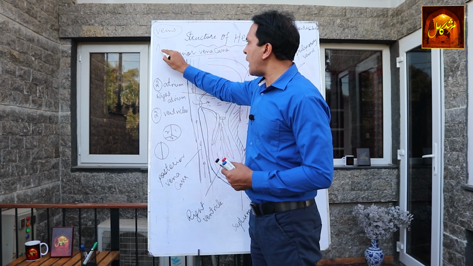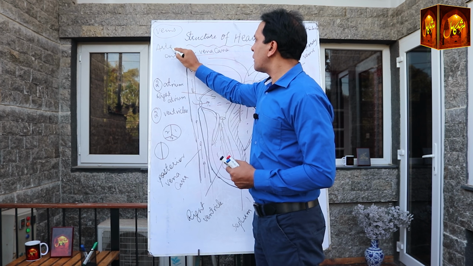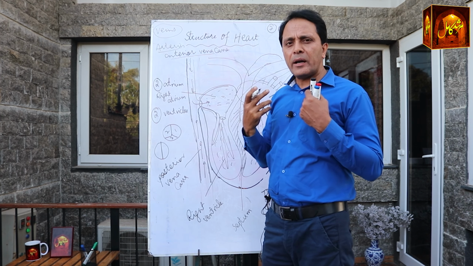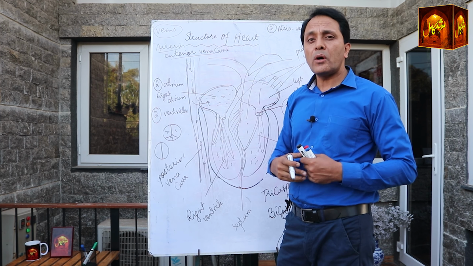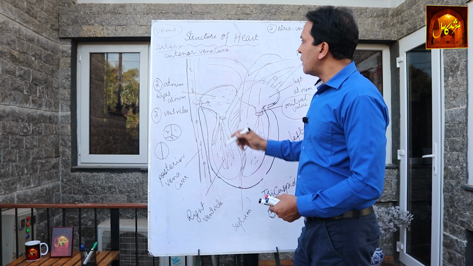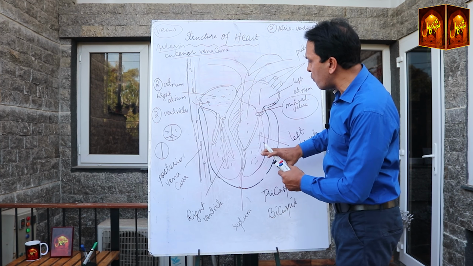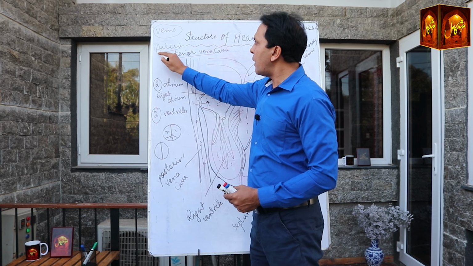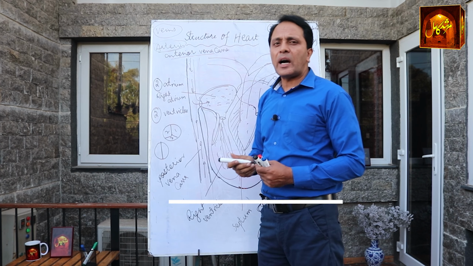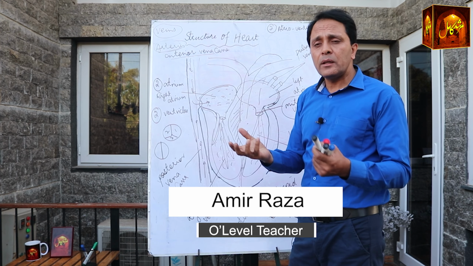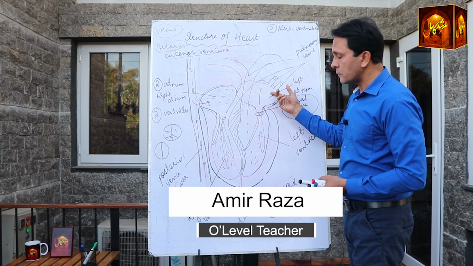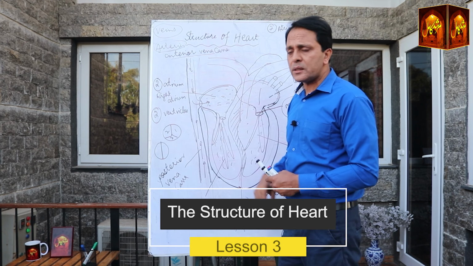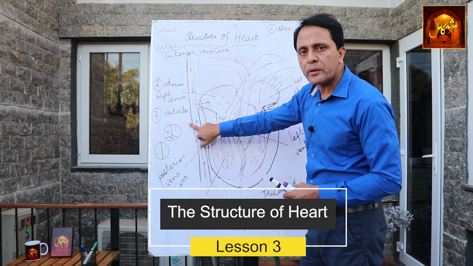But when we talk about the arteries, arteries take blood away from the heart to other organs. So the blood will move out of the heart from both the chambers with the help of arteries. As the heart collected two types of blood, the oxygenated and deoxygenated, in both cases veins were involved.